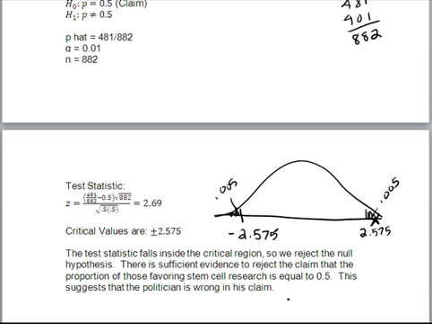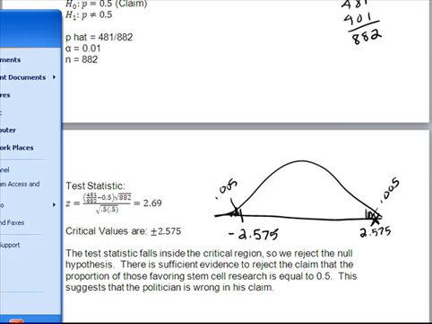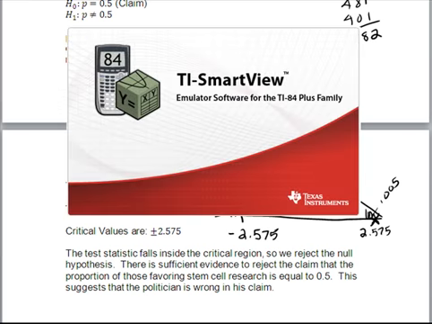Now, how would we do this particular problem on a calculator? Let's take a look. This will give us the p-value interpretation, and I think I'm going to have to move my window over.